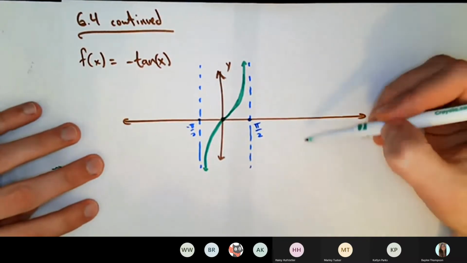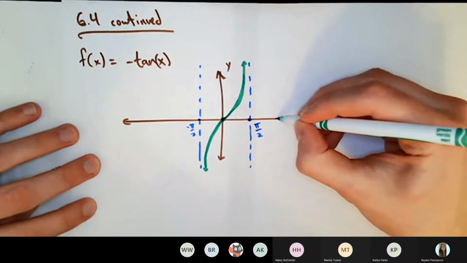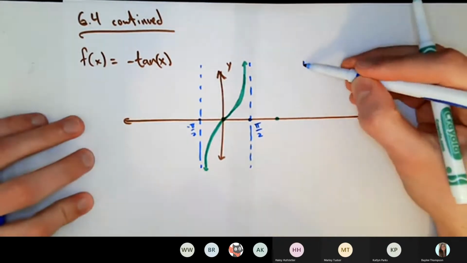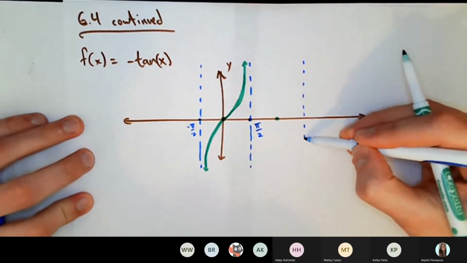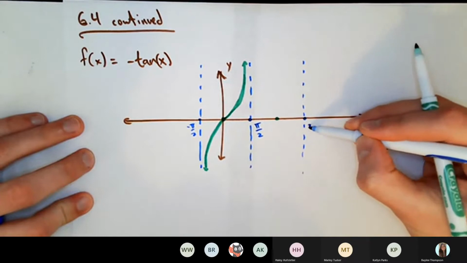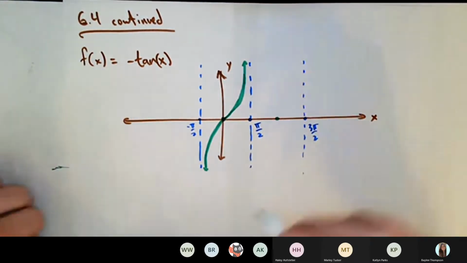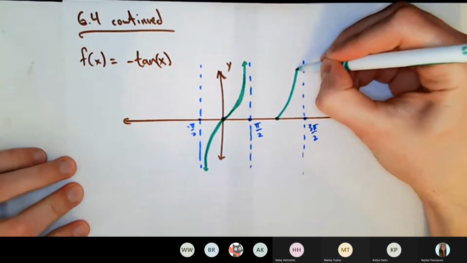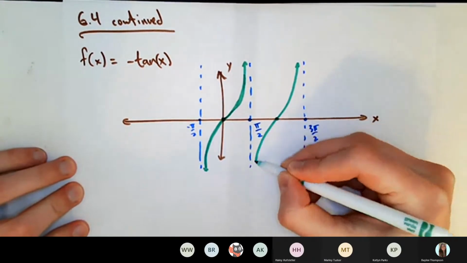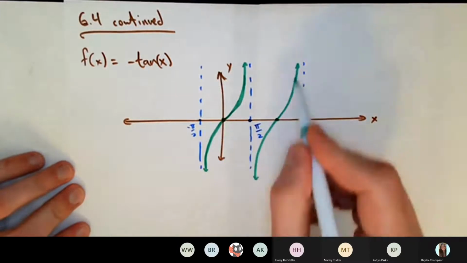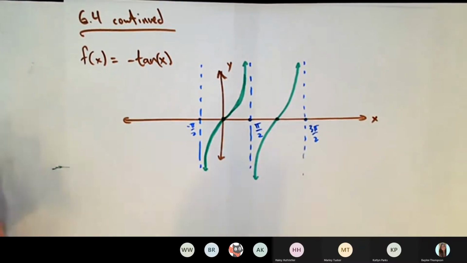And also note that it does repeat this shape for every pi. So the next asymptote out this way would be at 3 pi on 2, because if I increase by pi, that's what I'm going to get here. And it would be like this, etc. And it would go the opposite way as well. Just a whole bunch of these crazy shapes. Now, what I want to graph is negative tangent of x, right?